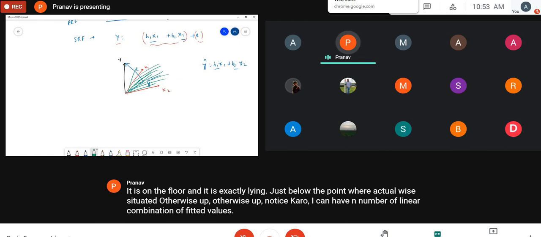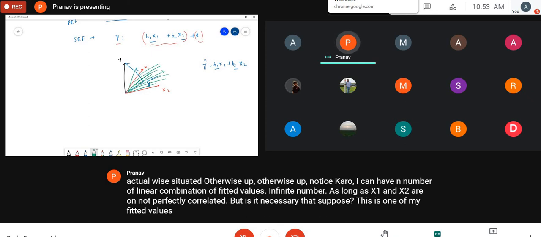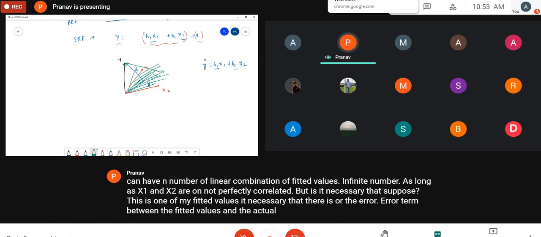Infinite number as long as x1 and x2 are not perfectly correlated. But is it necessary that suppose this is one of my fitted values, is it necessary that the error term between the fitted values and the actual observation lies at 90 degree? It is not necessary.